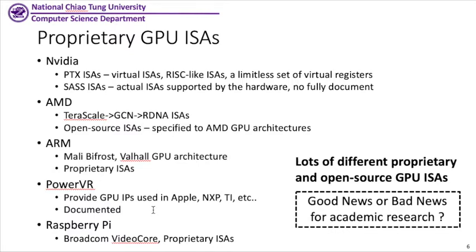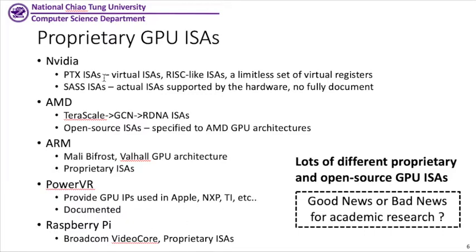Let's move on and discuss the existing GPU ISAs. Most GPU ISAs are not free and are customized for a specific GPU architecture. For example, PTX is a virtual ISA on NVIDIA GPUs.